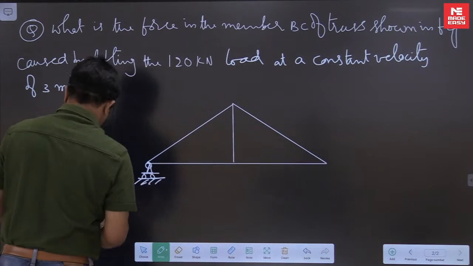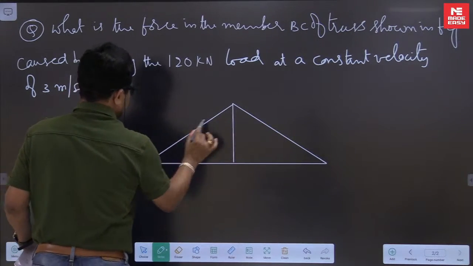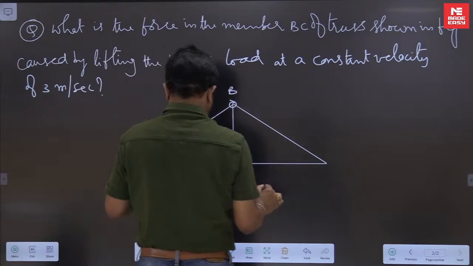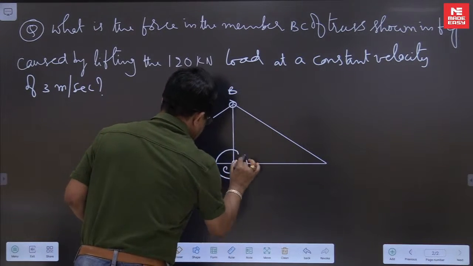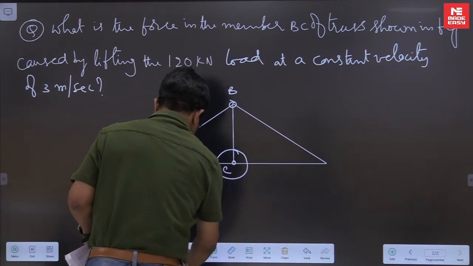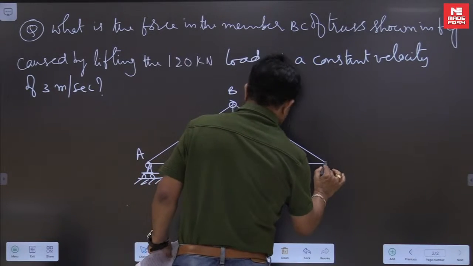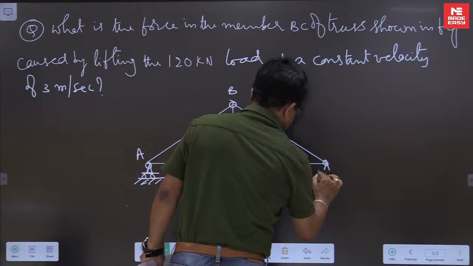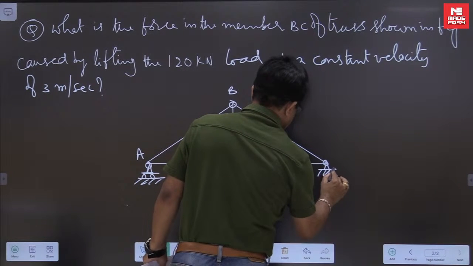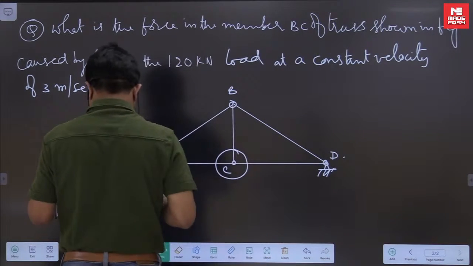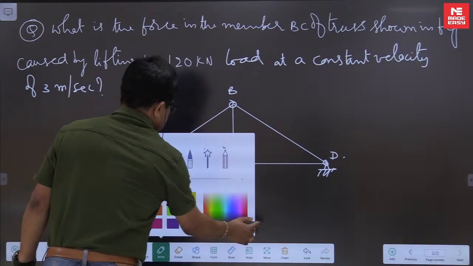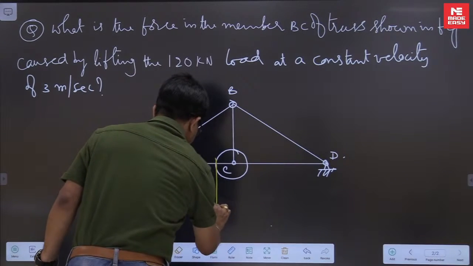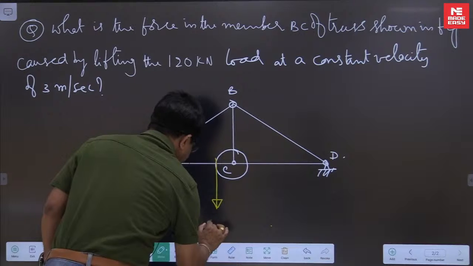We have a roller support here. This point, let us say A, B. This point is say C. And here we have a pulley. And here it is D. This is 120 kilonewton.